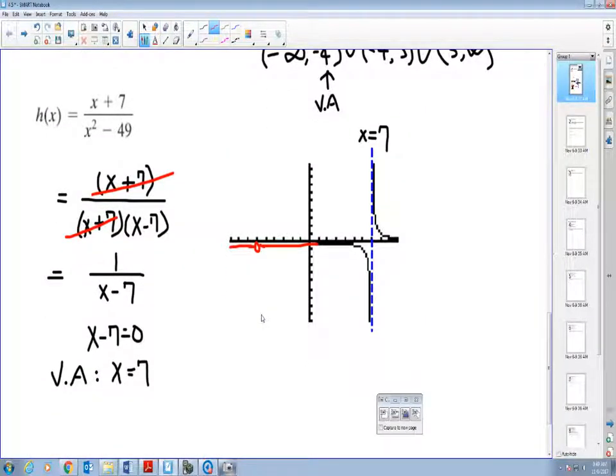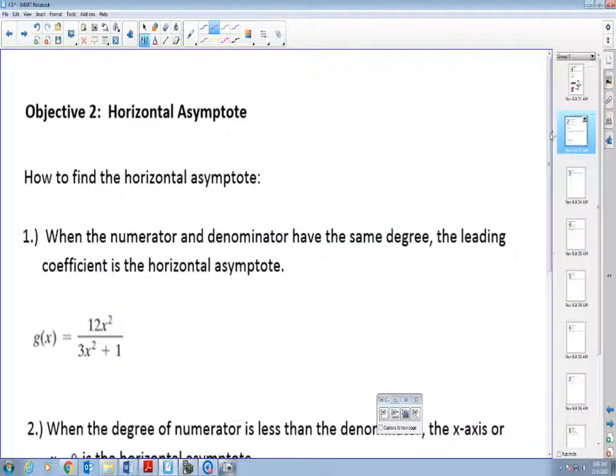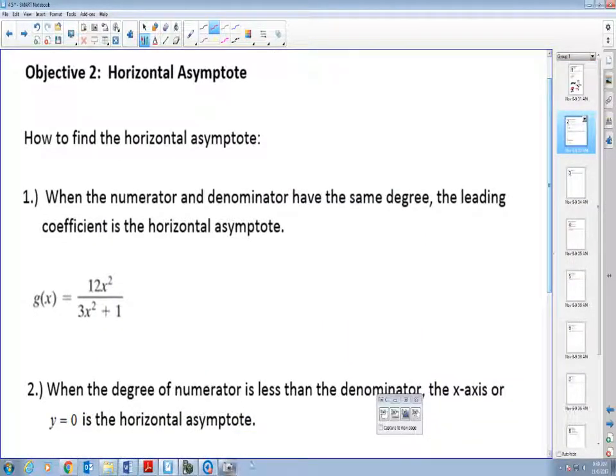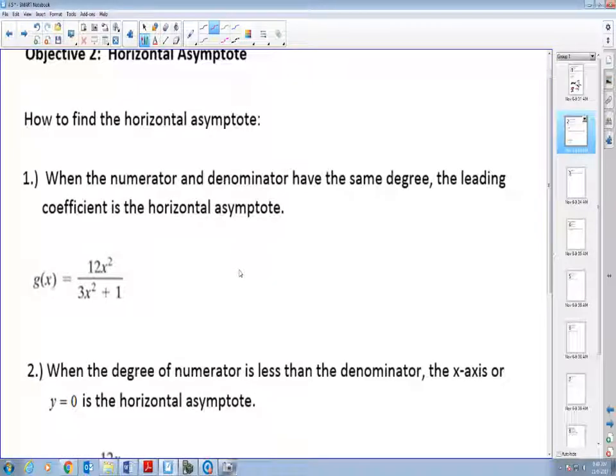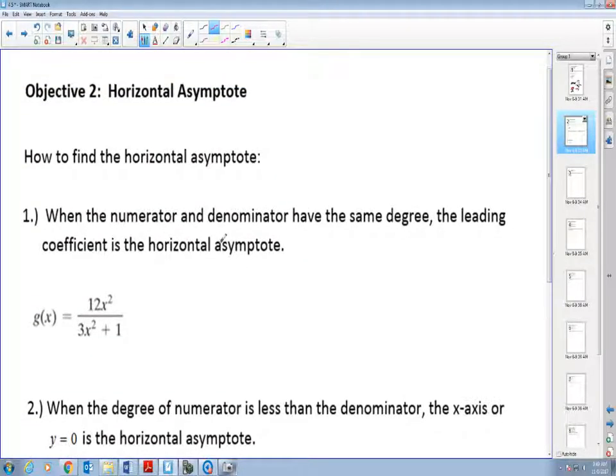All right. Another type of asymptote is called the horizontal asymptote, and this is something we need to remember, because there are 3 scenarios. A horizontal asymptote is just a horizontal line that divides my function in different parts.